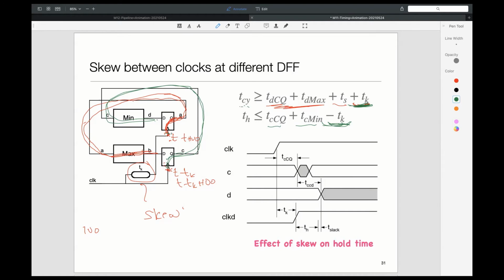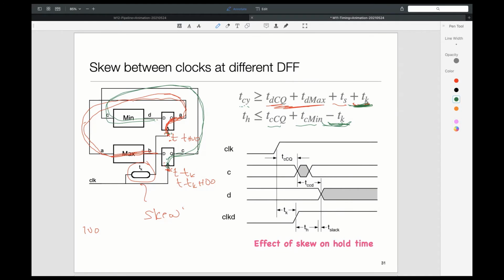So skews play a very important role, and which flip-flop is ahead versus behind can have a huge role to play. This also suggests one way to cope with hold time issues: manipulate your skews, wire things differently so that the clock signal reaches the flip-flops in the order you choose.